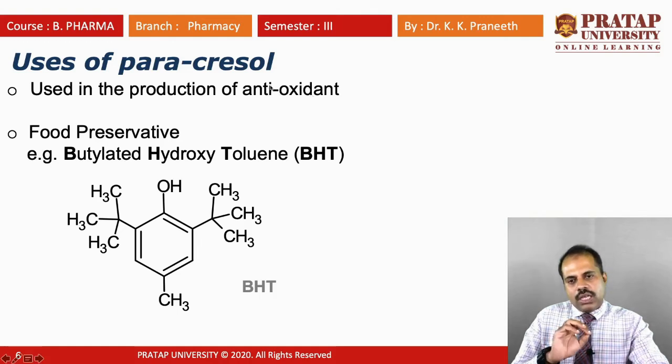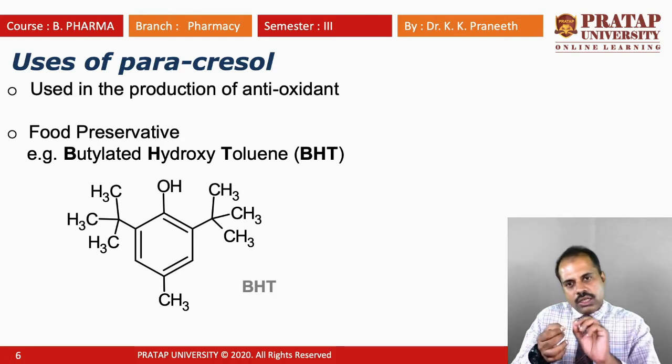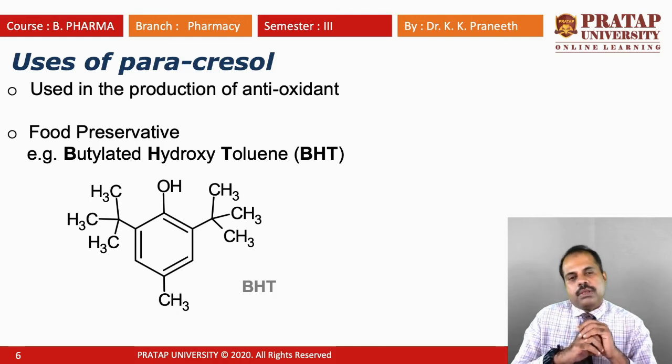So what is an antioxidant? An oxidant is, for example, a free radical. A free radical can destroy our cells and make aging possible, because aging is mostly due to free radicals. Free radicals kill cells every day.